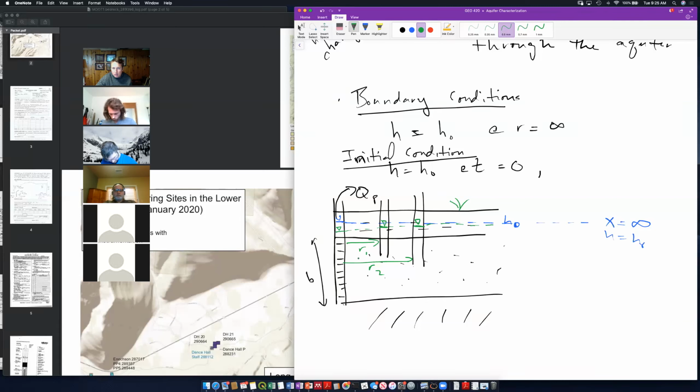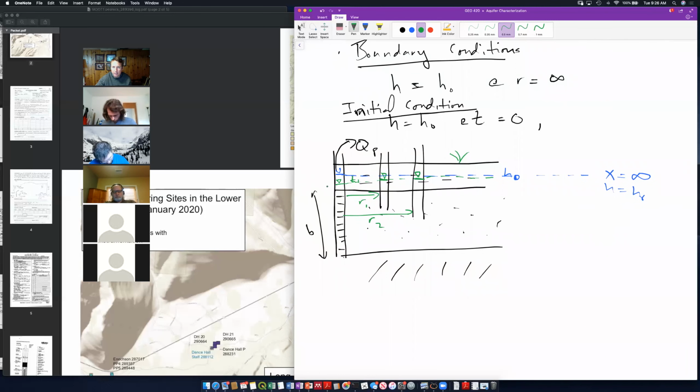This is at some time, T1, whatever time that is. Our drawdown cone will be propagating through time in our aquifer, and we're looking at the head in those two wells at different distances away from our pumping well.